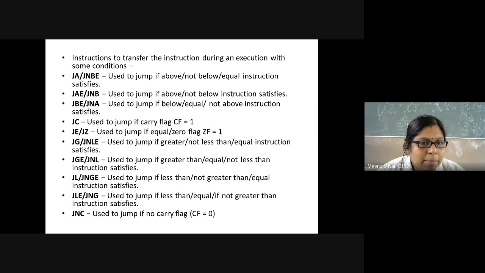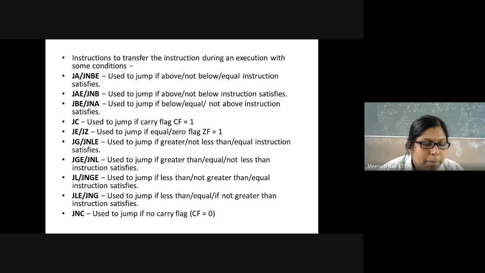Next is JAE, JNB: jump if above or equal, or not below, when the condition is satisfied. Then JBE, JNA: jump if below or equal, or not above, when the condition is satisfied.